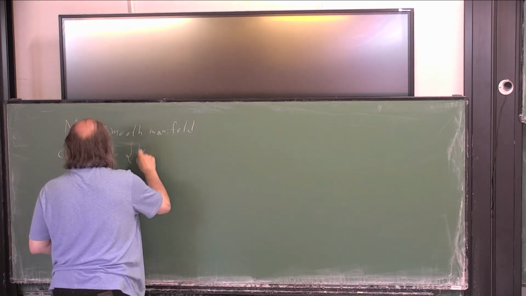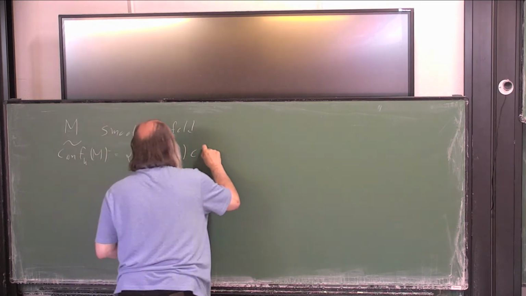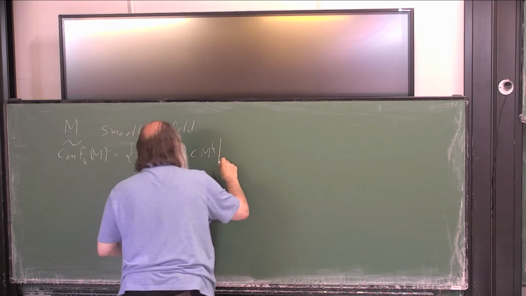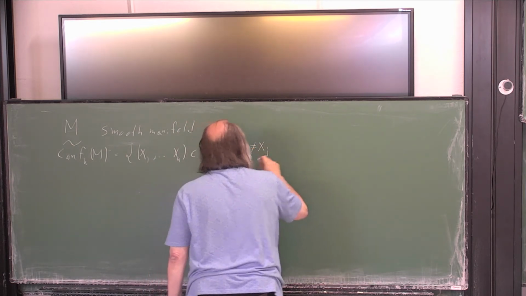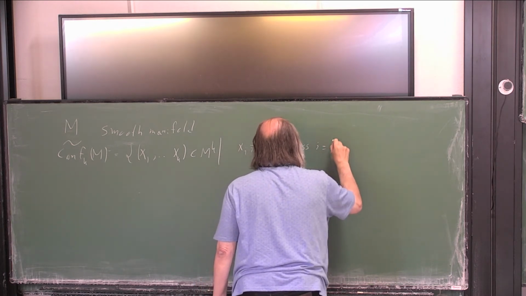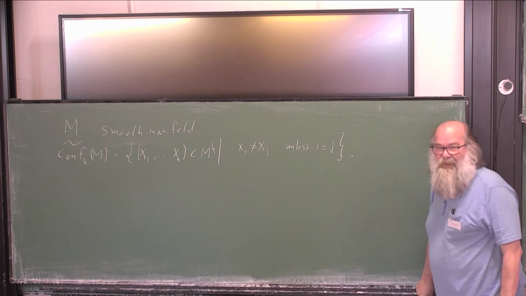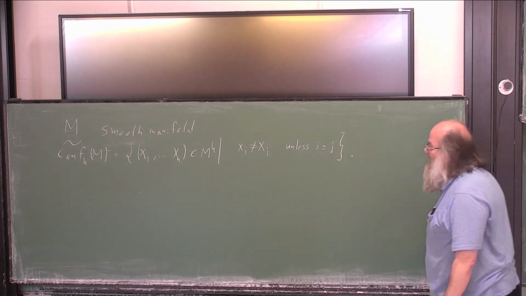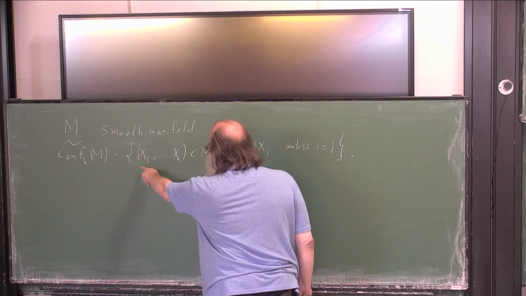This is given by a set of k points in M, with the condition that they all have to be different, so x_i is different from x_j unless i equals j. Okay, and then you have a symmetric group acting on these.